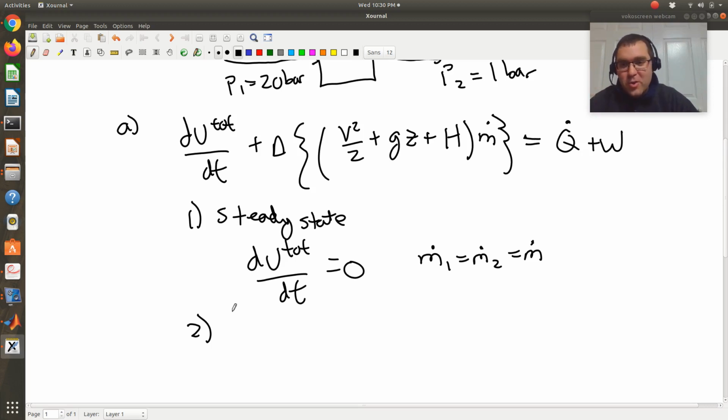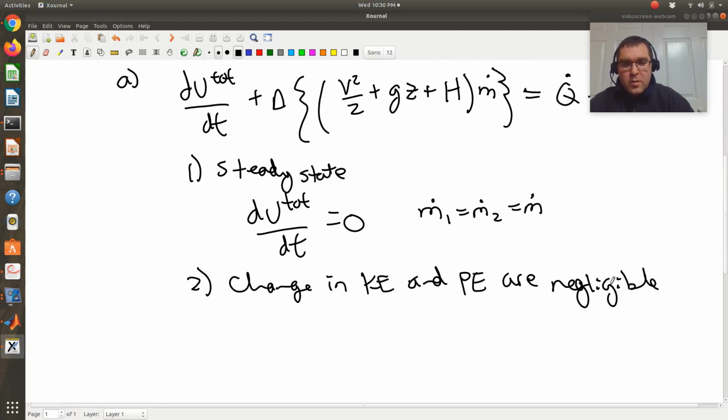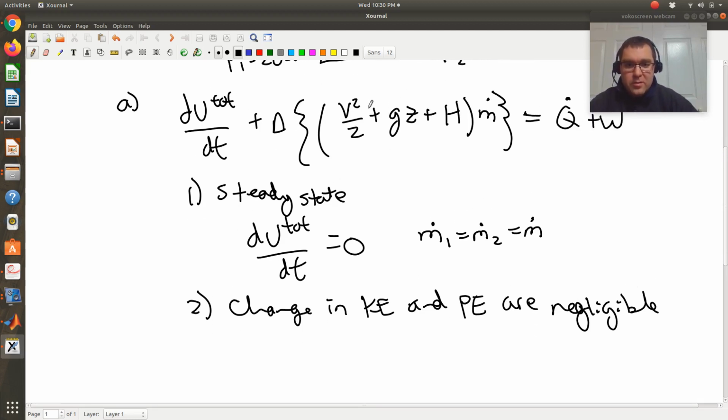Assumption 2, we're going to assume that our change in kinetic and potential energy is negligible. So that would kill this term and this term.